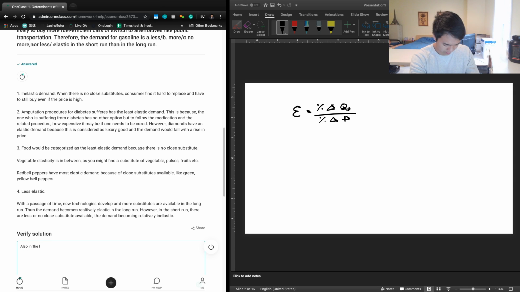Also, in the long run, consumers are given more time to adjust their behavior or find more substitutes for the good, which makes demand more elastic.